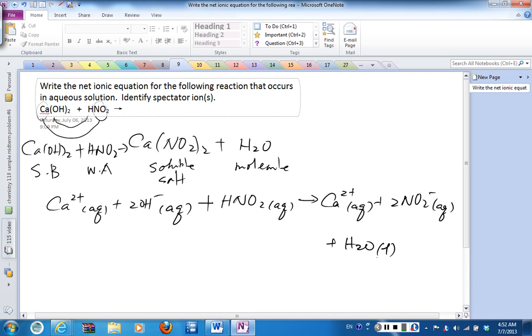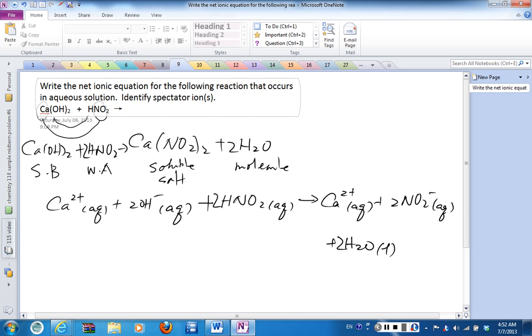And just realized that I forgot to balance my equation here with the 2 and the 2 here. So let's correct that. So after we break down everything that we could, strong base, soluble salt was broken down.